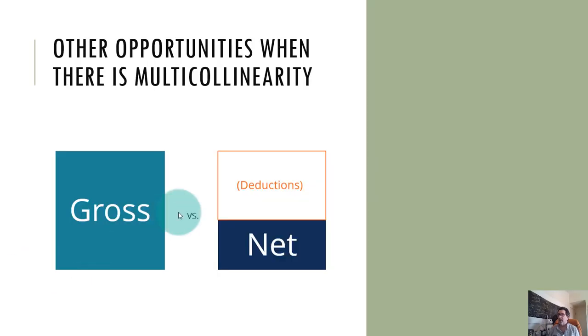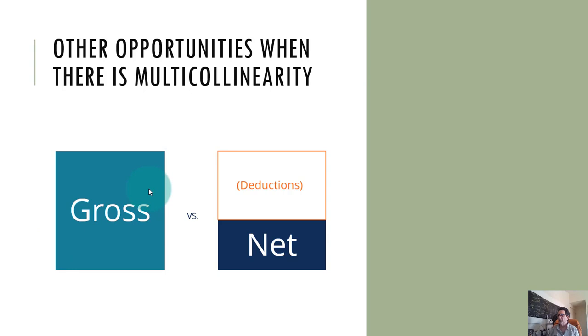Okay, let's take other opportunities when there is multicollinearity. So what can we do when we have multicollinearity? Actually, that can be an opportunity or something valuable when we have this multicollinearity, except when we're doing regression. Then we just have to get rid of it. Okay, here's an example.